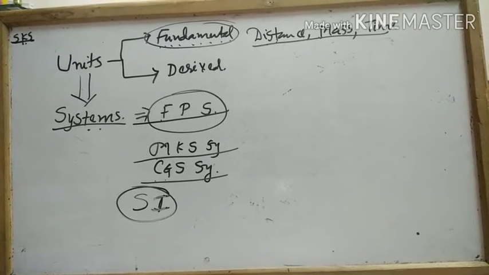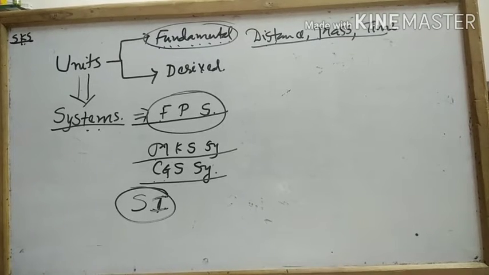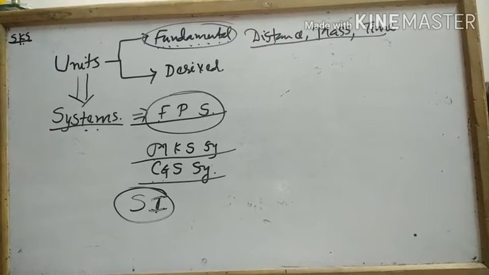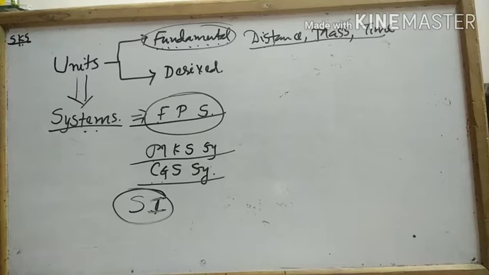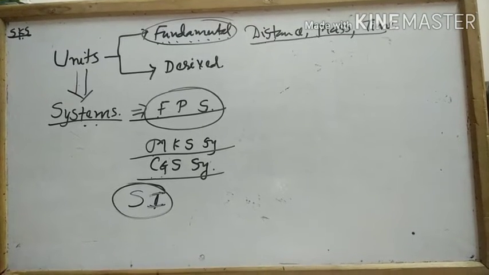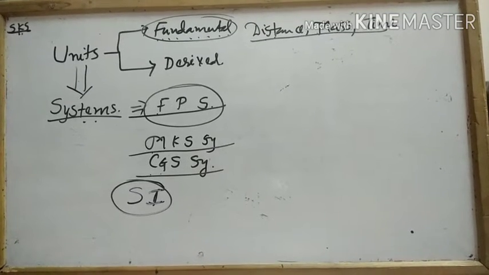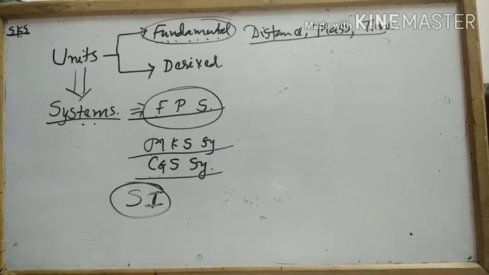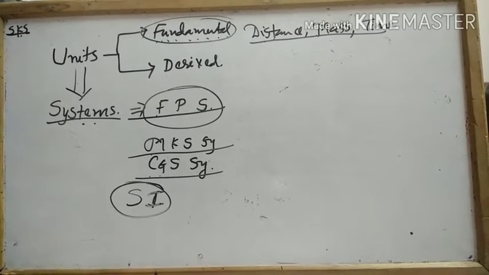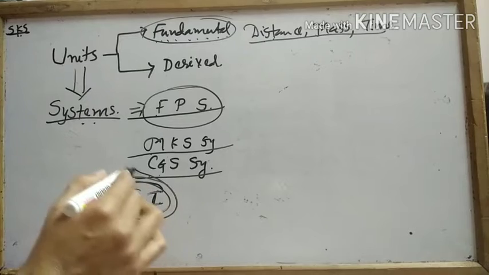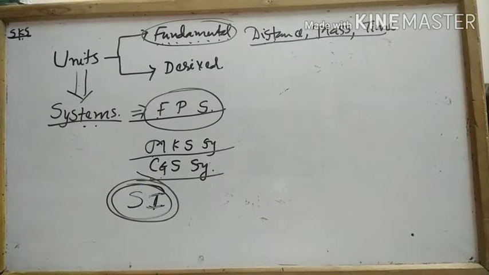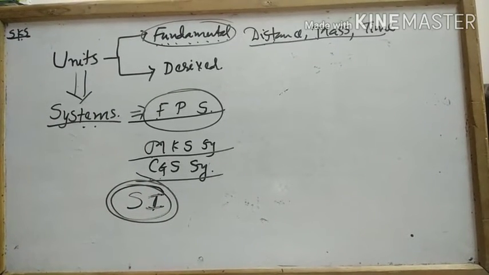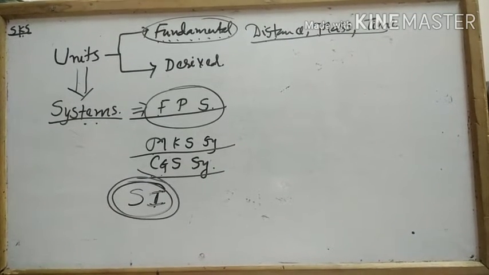And length, mass, time, temperature, luminous intensity, electric current, amount of substance, angle, solid angles, this many quantities, that is 6 and 3, 9 quantities were considered as fundamental quantities in standard international in around 1960. And then from that onwards, we are using the same system throughout the world.